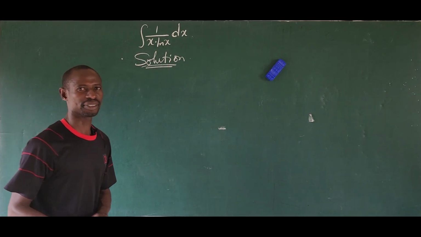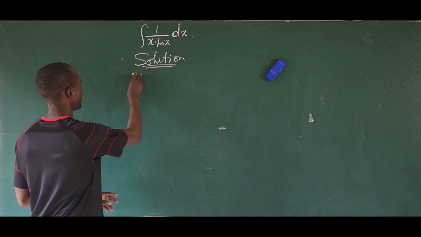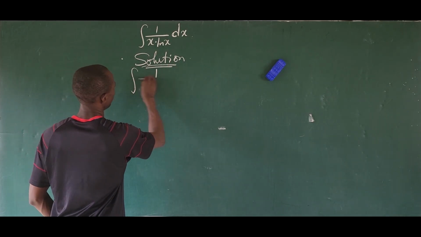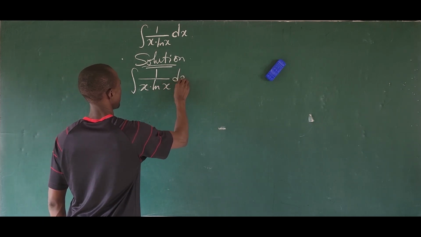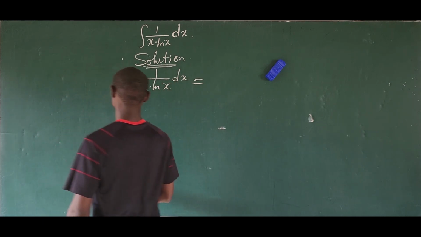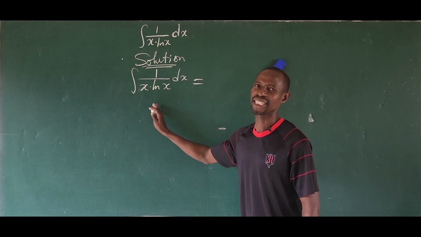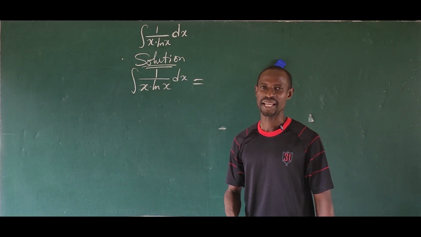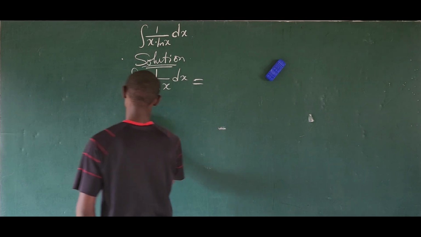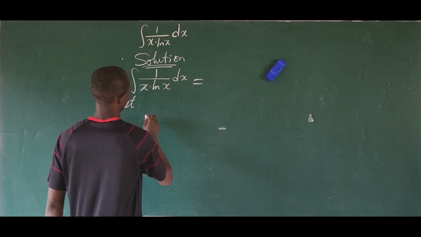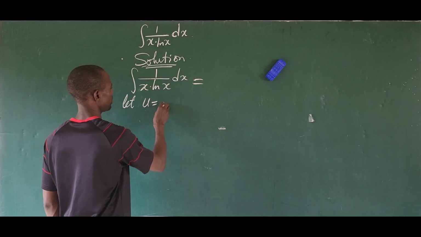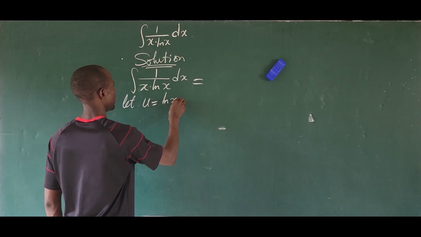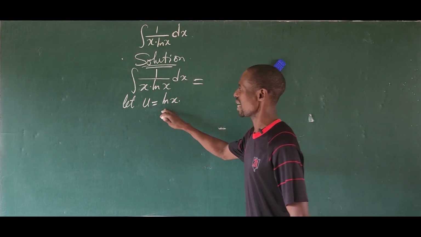Although this is a simple one, okay? So we have here the integral of 1 all over x times the ln of x dx will now be equal to what? So the first thing we're going to do here is to do some substitution. So we're going to say let our u be equal to the ln of x.